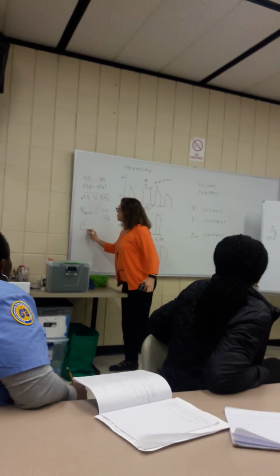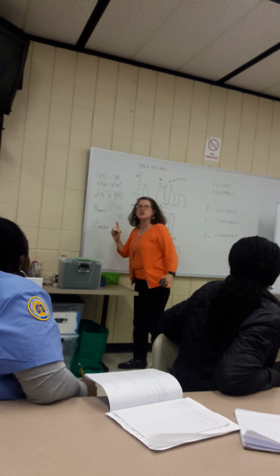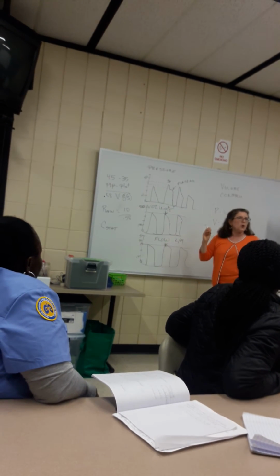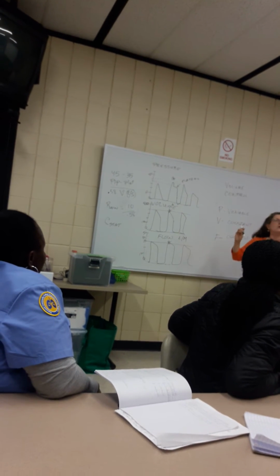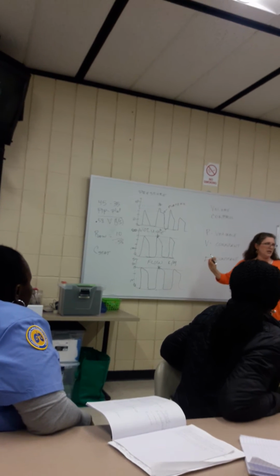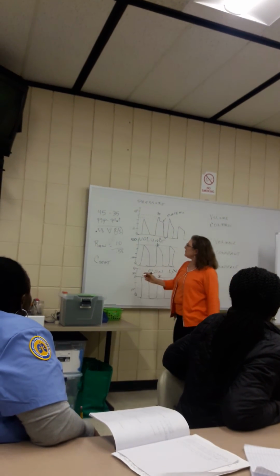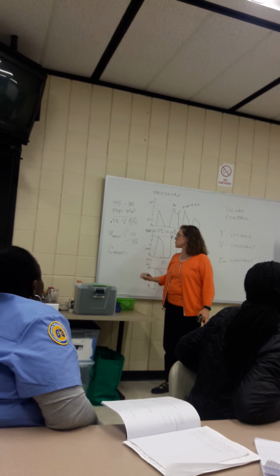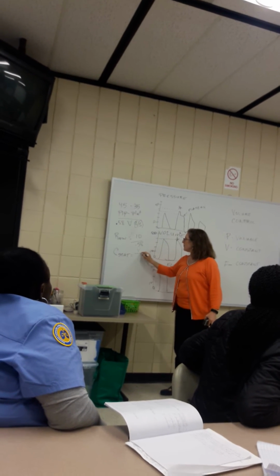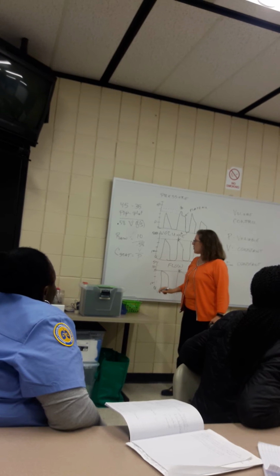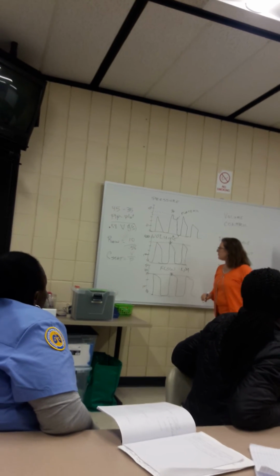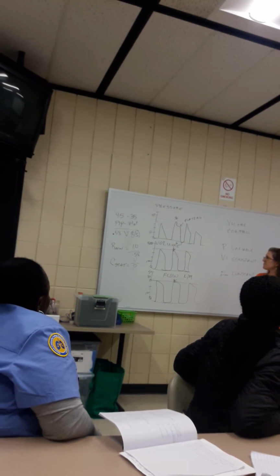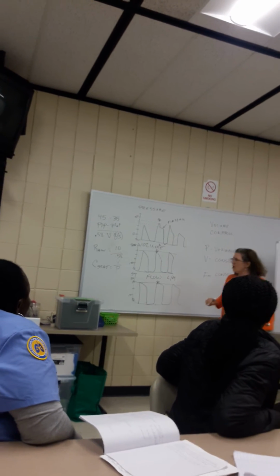Okay, and I want to make sure everybody understands, because the question was brought up. When I'm asking you to calculate compliance, it's always going to be static compliance. So the equation for static compliance is volume over plateau minus PEEP. What is your volume? 400.